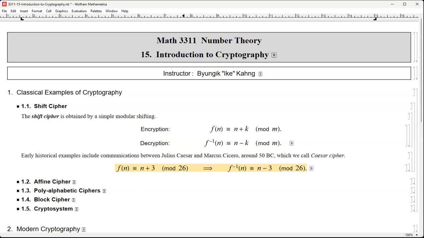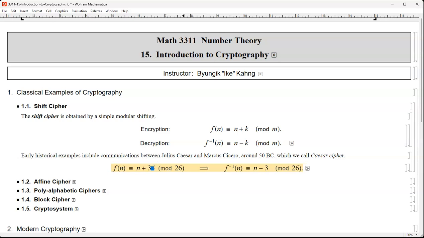After all, Julius Caesar is a famous person, so is Cicero, and this communication actually survived. You see, what's the purpose of cryptography? It's for secrecy. So most of the time, the encrypted message is torn apart and destroyed. It's very rare they survived. But in this case, it did, thankfully for us.